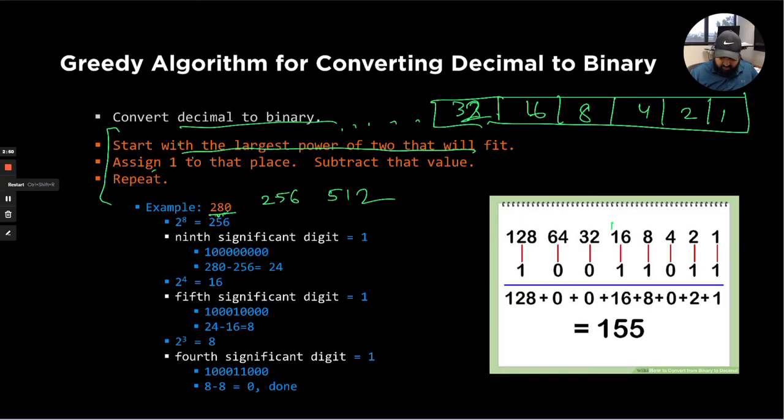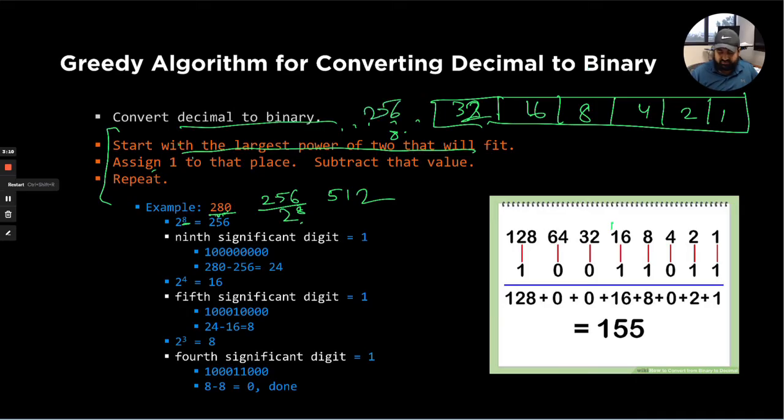In this case for 280, we are more interested in 2 to the power 8, which is 256. At index 8 in this array we would have this number 256 and so on.